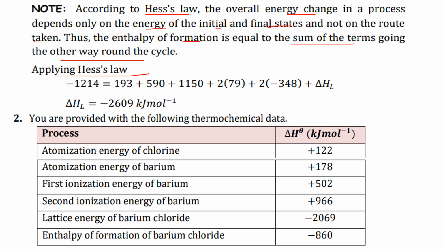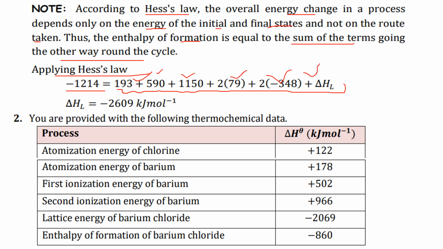So you're going to apply Hess's law and say that the enthalpy change for the overall formation of calcium fluoride, which was given as -1214, is going to be equal to the summation of all the enthalpies that are involved in getting calcium fluoride. That's the summation of the energies that you saw on our energy level diagrams.